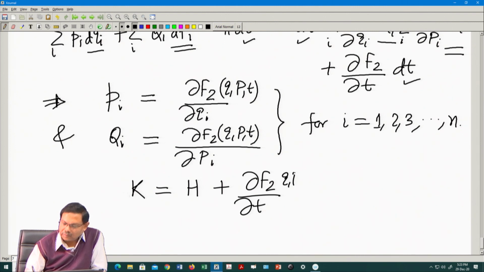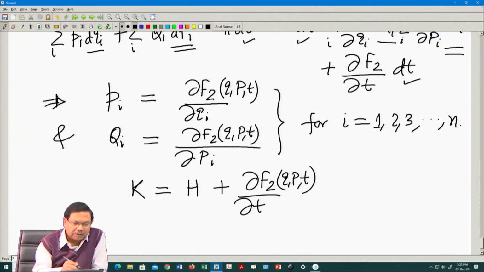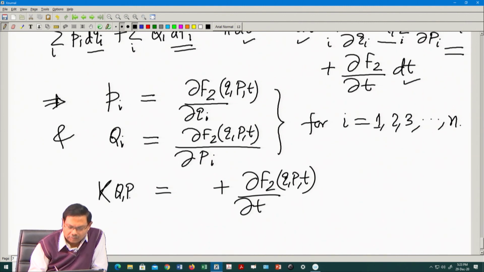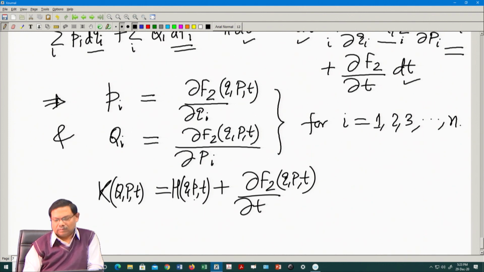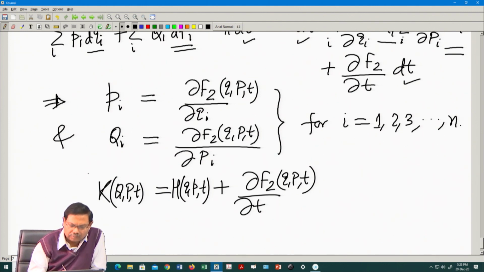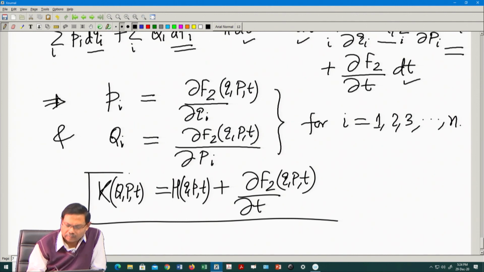This is a function of q, P and t, and let us write here also their dependence. So, this K is a function of Q, P, t, that is H(q, p, t), and so we have this kind of relationship with the second kind of generating function.